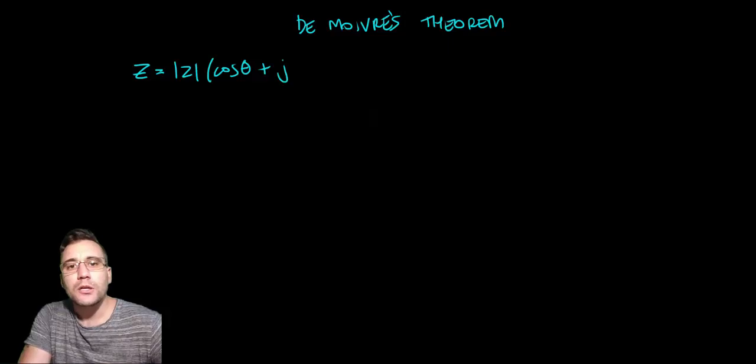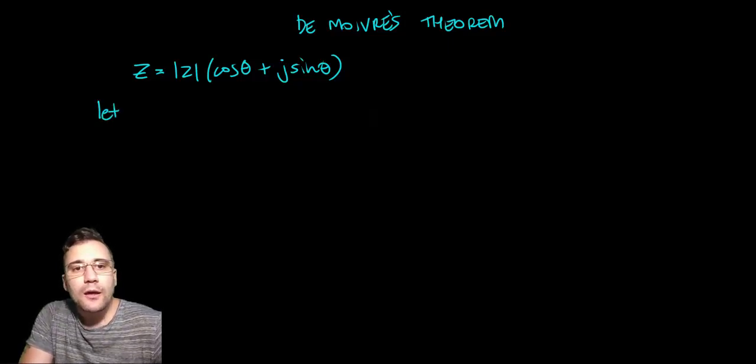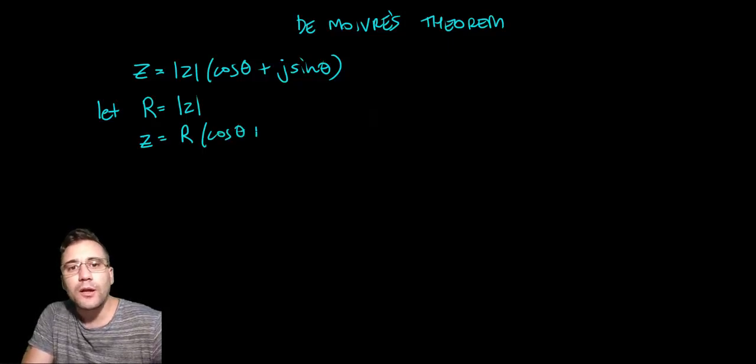If you recall, last time we said that if we have some complex number, z, that is expressed as some magnitude of z times cosine of theta plus j sine of theta. For our purposes today, let r equal the magnitude of z, so then we can say z is equal to r cosine of theta plus j sine theta.